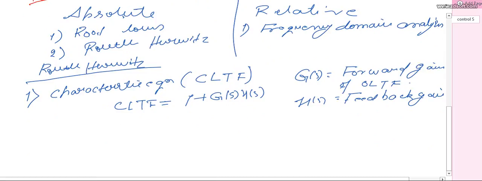Now Routh Hurwitz is actually, let me first discuss a bit of Hurwitz. These two people were actually scientists.